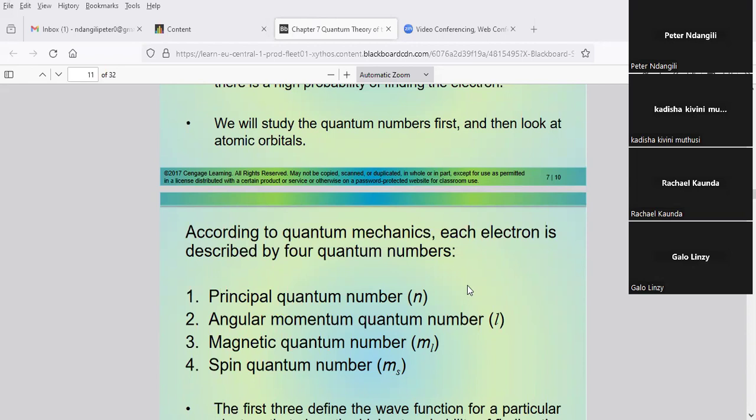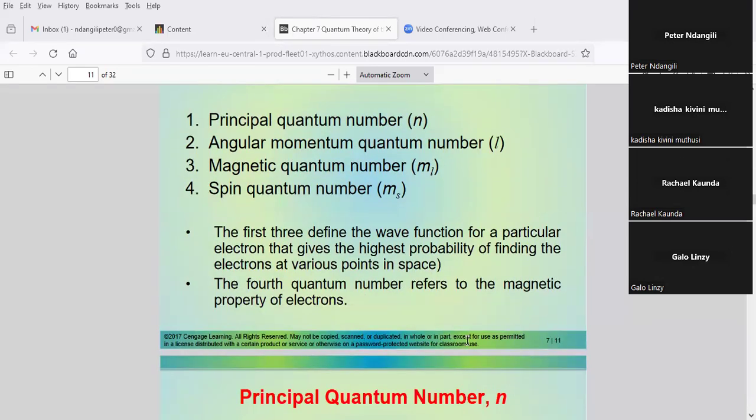The fourth quantum number, the spin quantum number, is independent in the sense that it just shows the orientation of that particular electron, whether it is facing upwards or facing downwards.